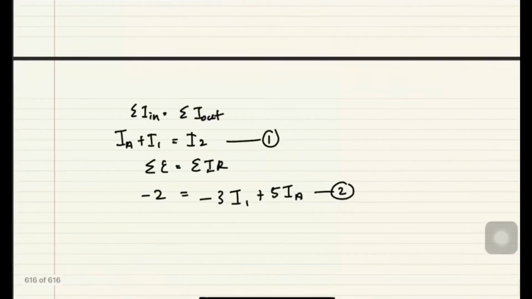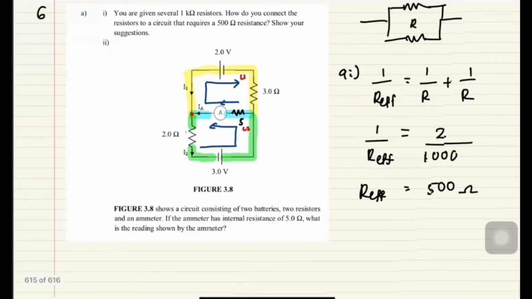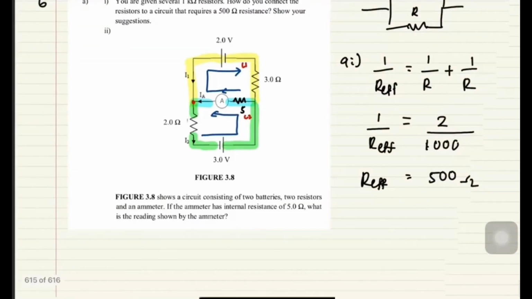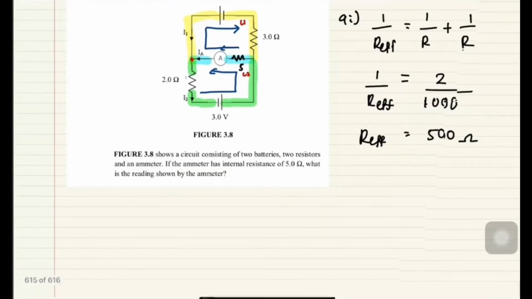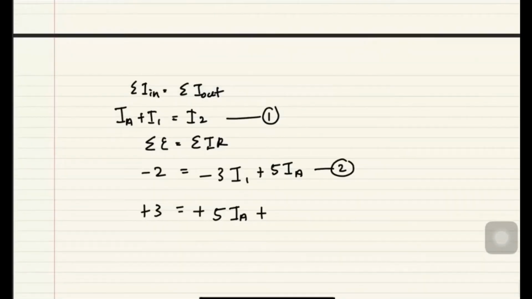So you have positive 3 sama dengan positif 5 IA, and then 2 I2. Okay, this one is your third equation.